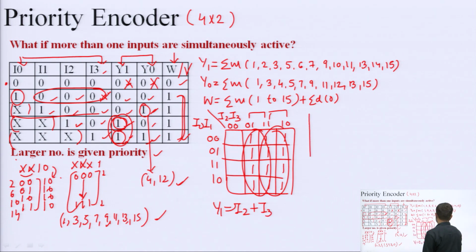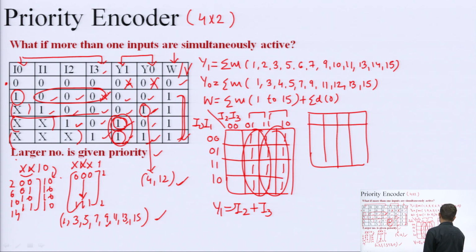Similarly, I can prepare another K map for this y naught 1 3 4 5. So, this is my 1 2 3, then 4 5 6 and 7, 6 is not there, then 9 10 is not there, then 11 and 12 13 15.